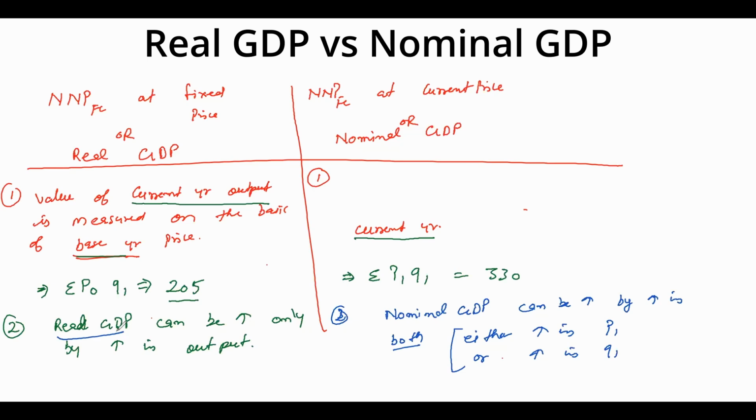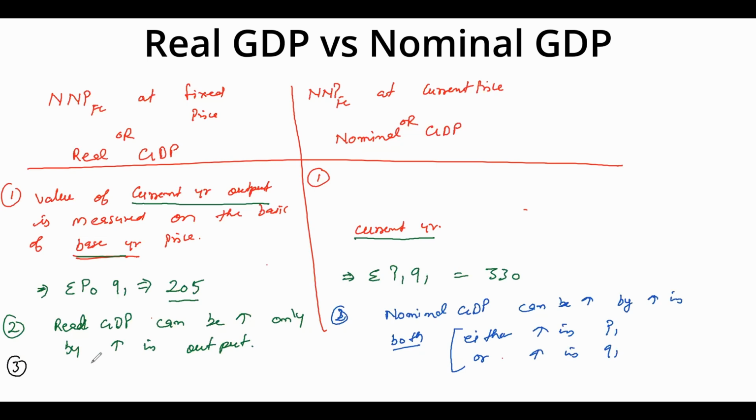So the main point regarding this is, you can now put the third point. Third point is, which one is the better indicator? Which one is better indicator for the growth?